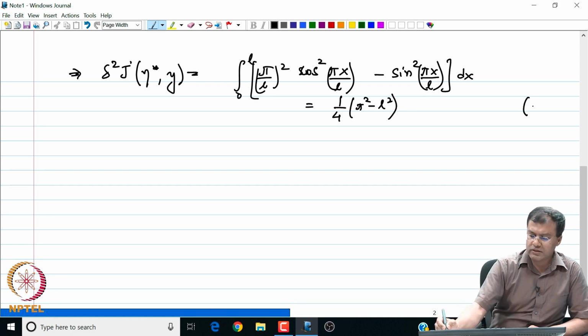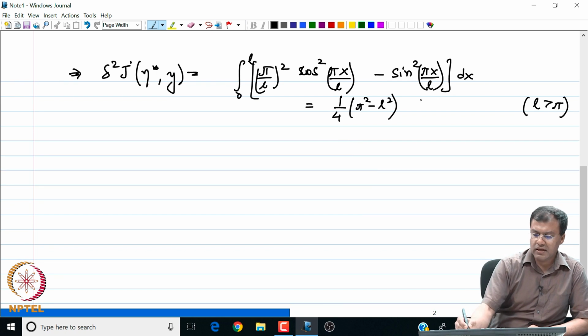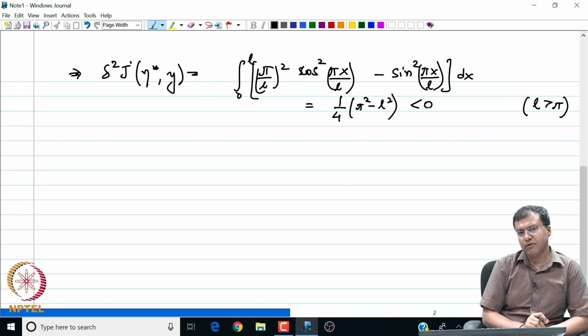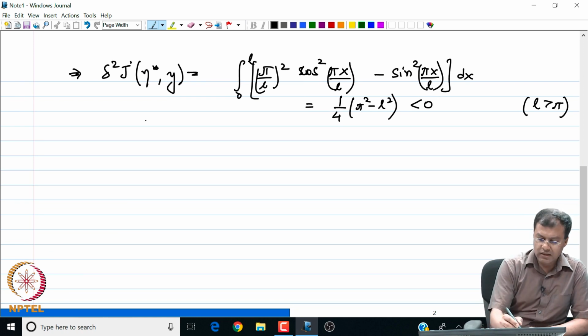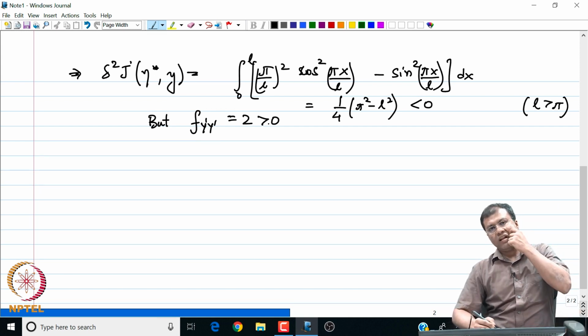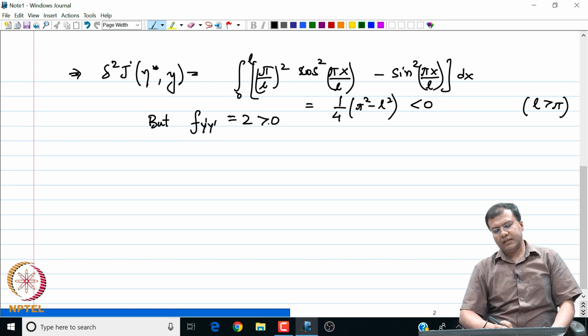Now, notice that we had chosen L to be bigger than pi. For this condition, this will be strictly less than 0. So the second variation of the functional is negative, but my second derivative with respect to y prime of the integrand is 2, which is positive. So certainly the Legendre condition holds, but we are getting the second variation to be negative.